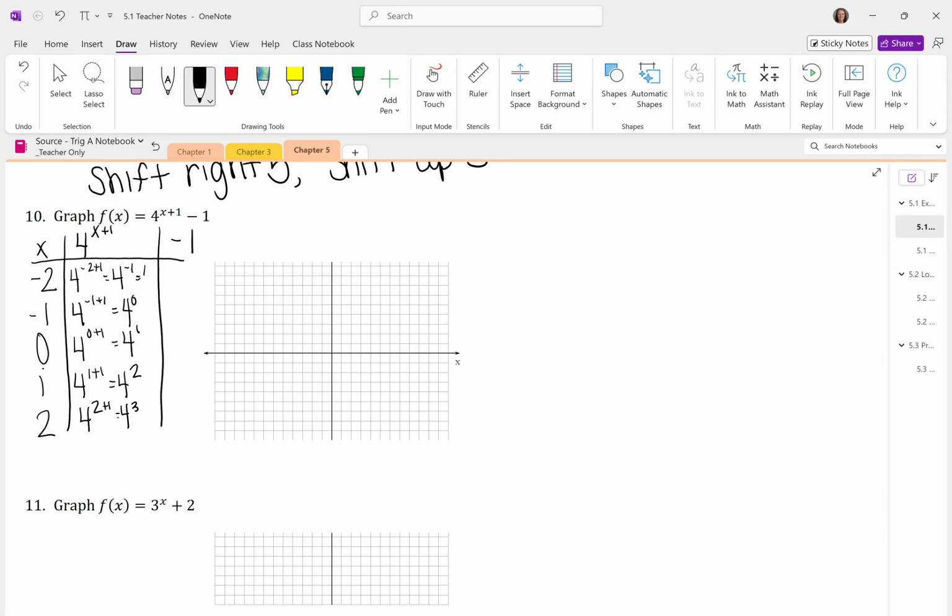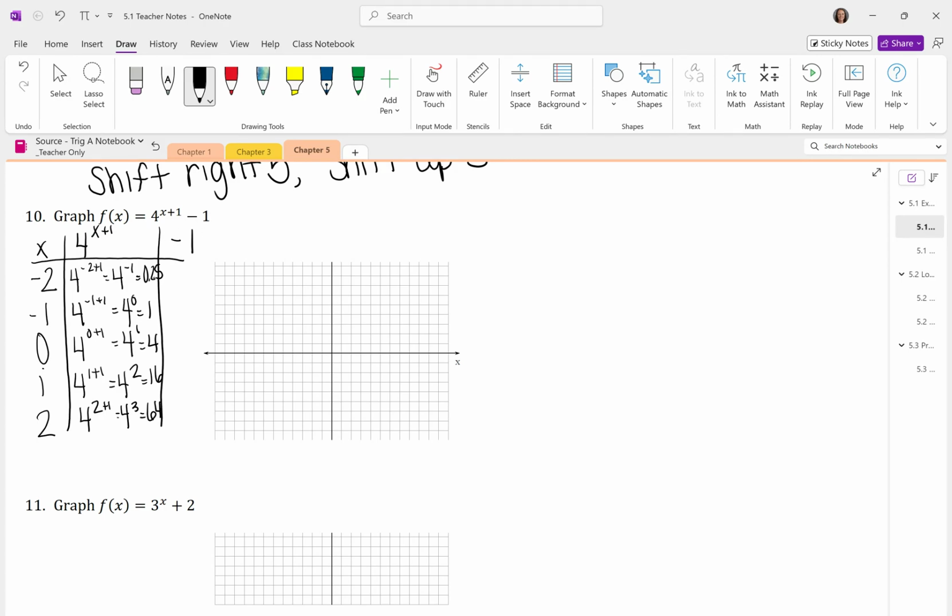So this one would be 0.25, 1, 4, 16, and 64. Then you are going to subtract 1 from each of these.